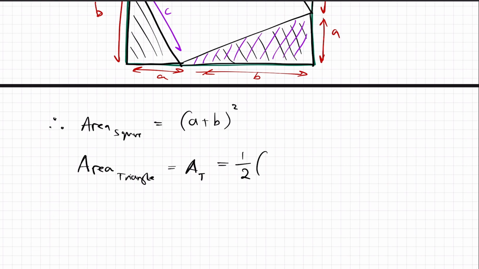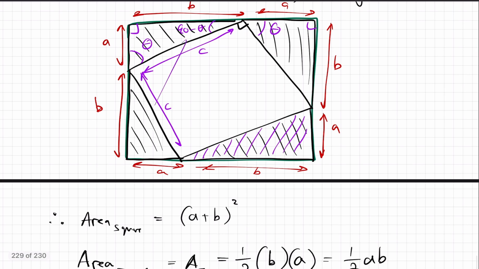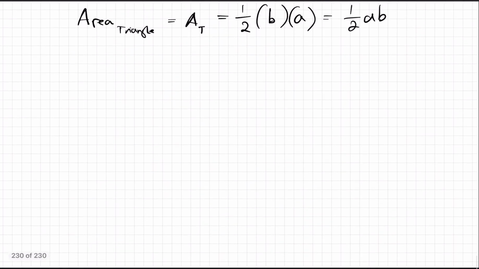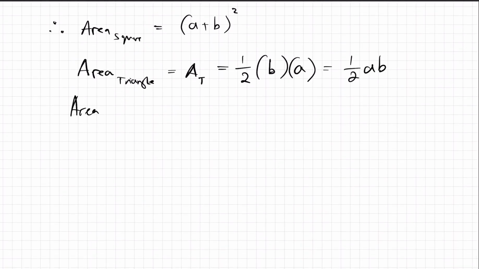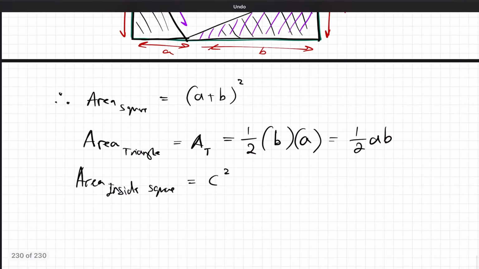So in our case, the base is going to be B, and the height is going to be A. So we can write the area of one triangle is just 1/2 AB. And we know the area of this inside square is just going to be C squared, fairly obviously, because it has side length C.